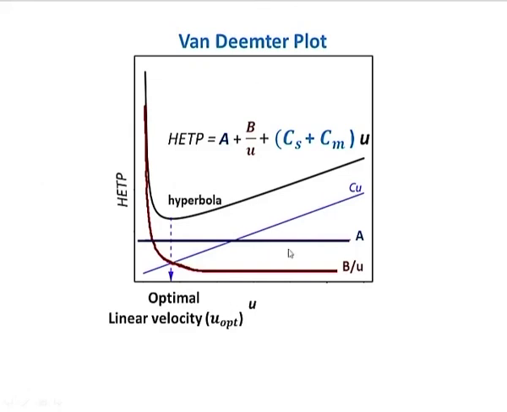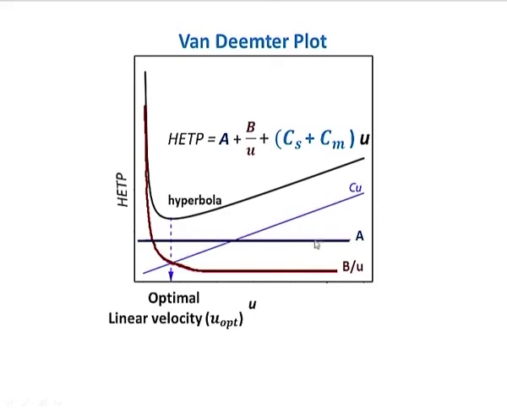Now, this is what we have seen, the individual impact of all these three factors on the height of a theoretical plate. This was the impact of A, which was independent of u. This was the impact of B by u, which was inversely proportional, and this was the impact of Cu, which was linear.